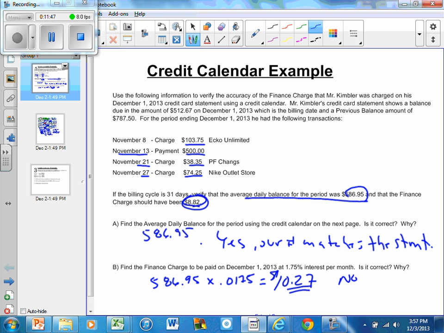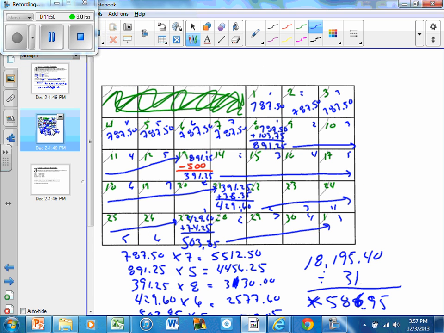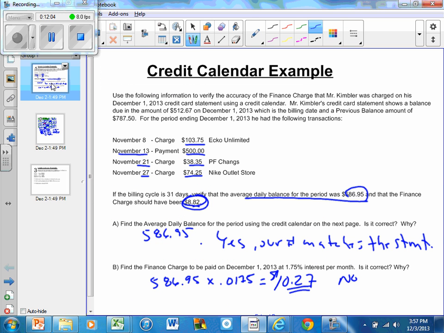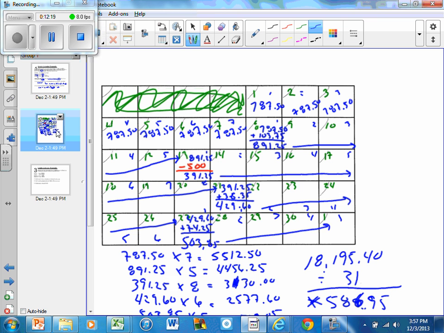So using a credit calendar, you can go back and try to calculate your credit card statement. You look at your average daily balance, you calculate your finance charge, and you see if your balances are correct at the end of the month. So at the end of the billing period, they're telling us that our balance amount is $512.67, and according to our credit calendar, our balance should be $503.65.